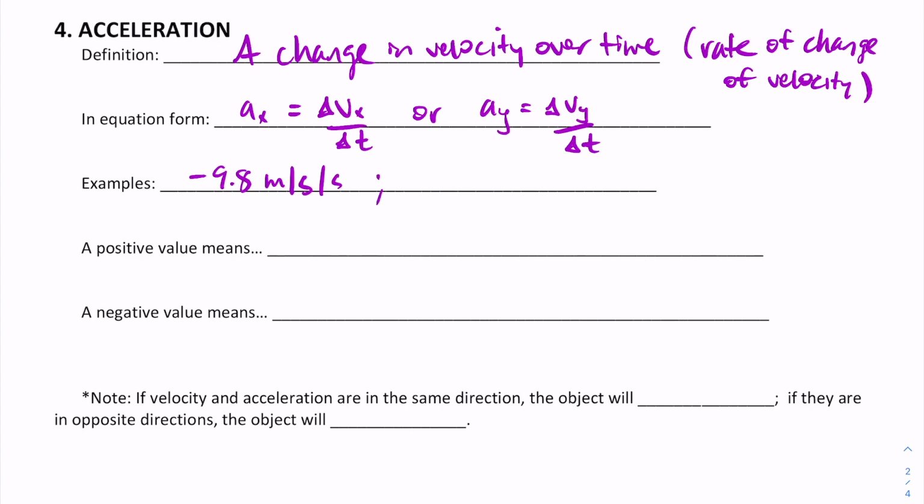Or you would see something like 4.2 kilometers per hour per second. Or something like 1.6 meters per second. And then instead of saying meters per second, I can also write it as meters per second squared. And then I would want to include my direction. So again, 1.6 meters per second squared means 1.6 meters per second. That means every second, the velocity changes by 1.6 meters per second.